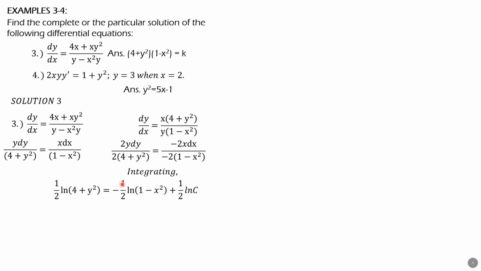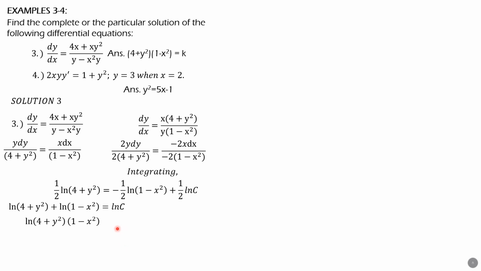So the 1/2 is cancelled, then we transpose the negative ln of (1 minus x squared) to the left, and it becomes ln of (4 plus y squared) plus ln of (1 minus x squared) equals ln of c. From the property of logarithms, we combine this as ln of their product: ln of (4 plus y squared) times (1 minus x squared) equals ln of c.